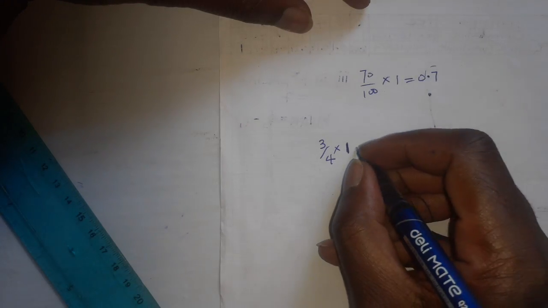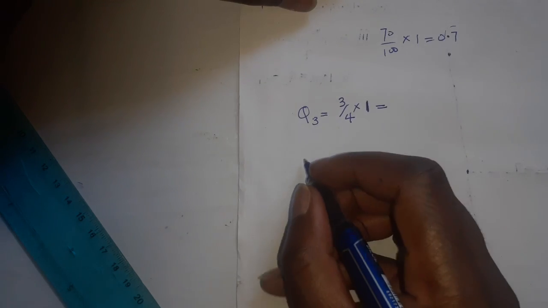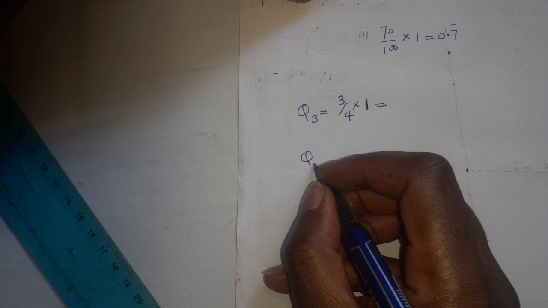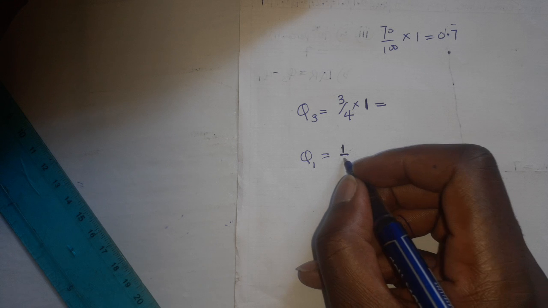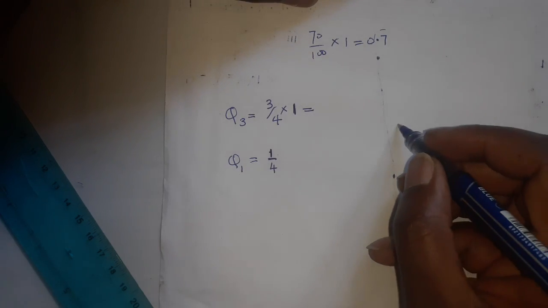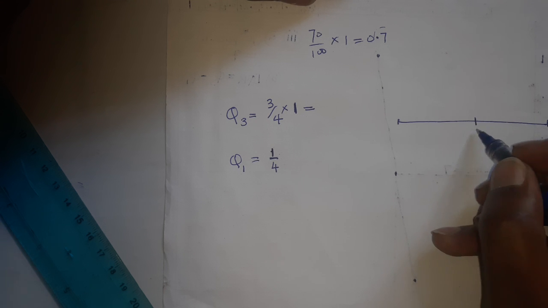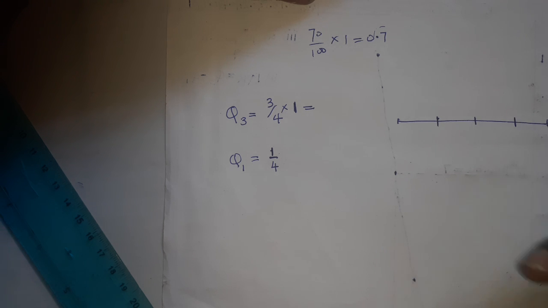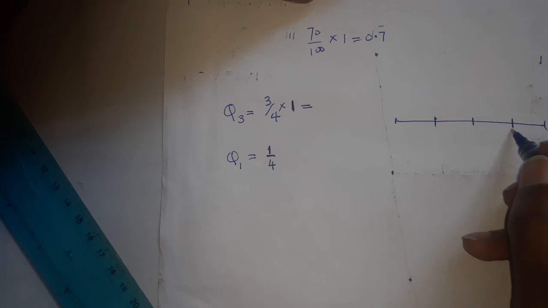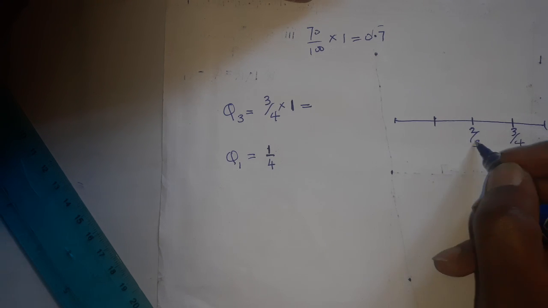So can you multiply this? What do you get? Then for the lower limit, we are saying it is 1/4. Remember when we were talking about quartiles, okay? We have the middle quartile here, then the lower quartile is here, the upper quartile is here. We have 1, 2, 3, 4. So this is 3/4. This one is 2/4, sorry.